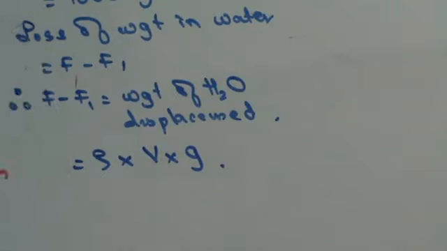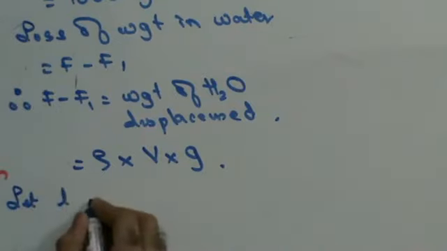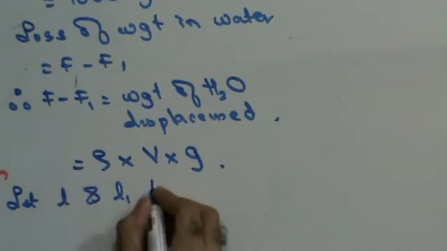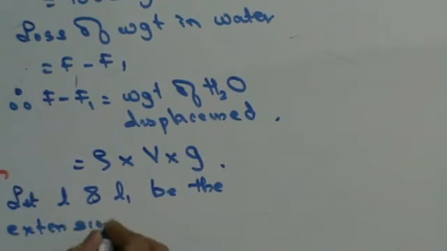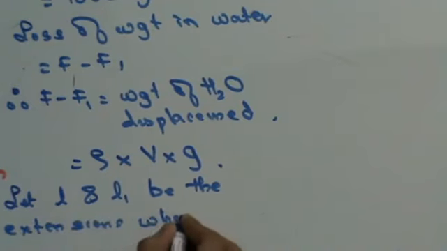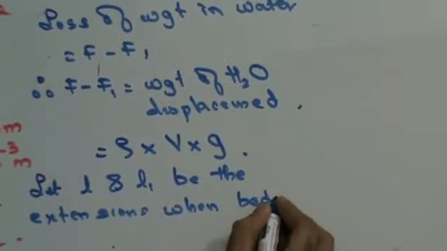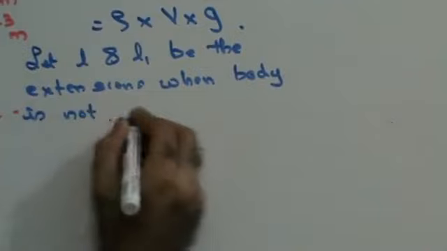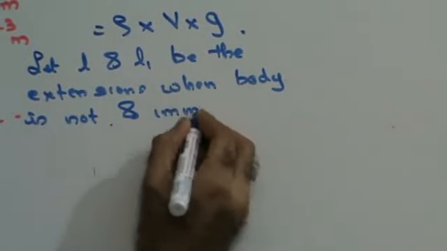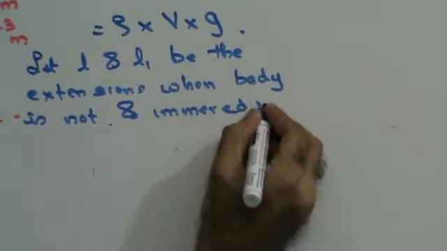Now let us assume L and L1 are the extensions when the body, that is your brass weight, is not immersed and immersed in water.